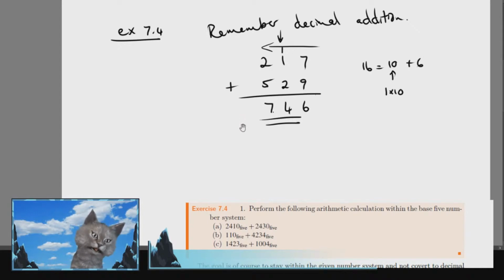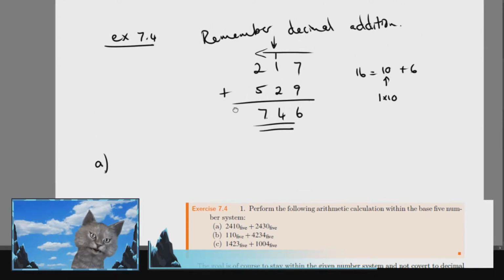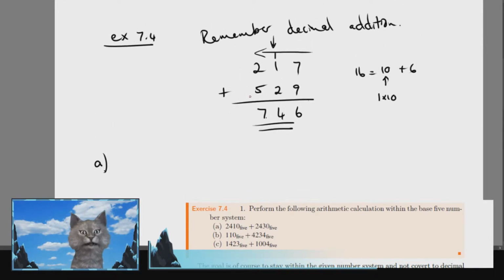We're going to do the same thing, but we're going to remember to count in fives. So the first one here, A, I'm going to use the same method. This emphasizes the basic method for adding right to left. It's the same method, but we're going to count in fives to really focus on what the method is doing.